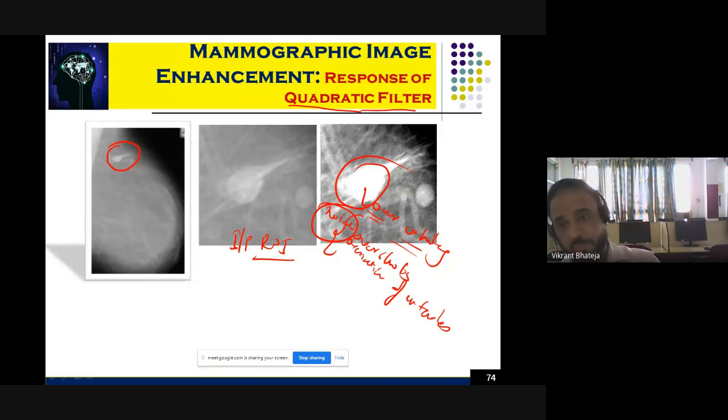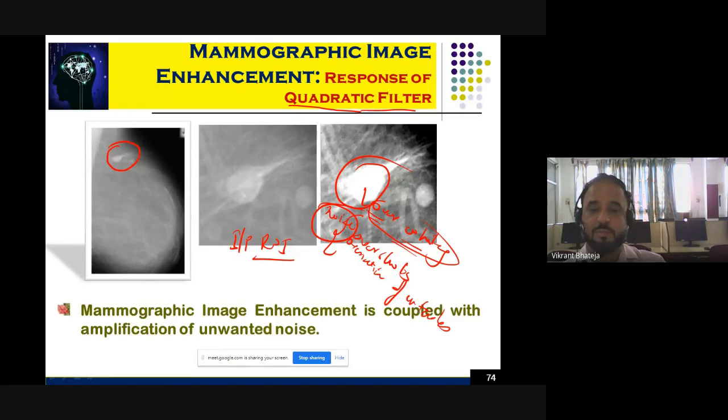It is also possible that noise appears in any form which gives you an unpleasant image. So over here, this contrast noise is appearing in terms of over whitening of these images. This over enhancement, or over whitening of intensities, is because of the amplification of the unwanted noise, which is one of the drawbacks of this quadratic filter.